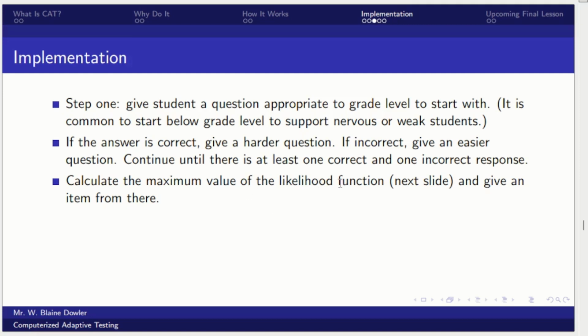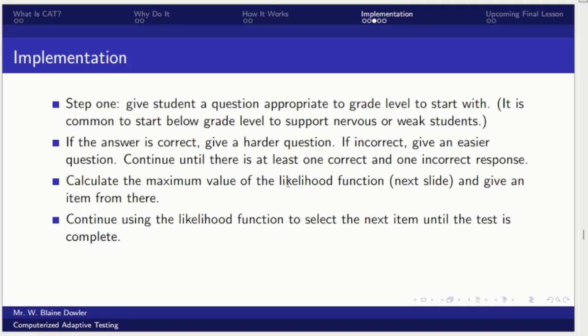So the likelihood function predicts how likely it is that a student with this pattern of responses has a given ability. So we look at the pattern of responses and figure out which ability level is the most likely. That's the maximum value of the likelihood function. That's the ability level of the question we want to give them next. So we keep using that likelihood function to figure out the next item until the test is complete.